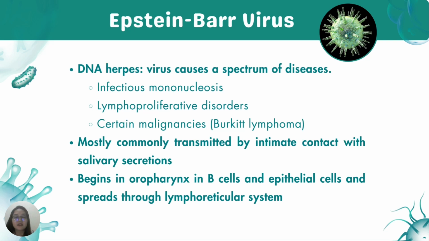In B cells, this is actually their site of latency. So ibig sabihin, ito yung stage from which the virus is undetectable or hiding pa. So, yun yung ibig sabihin kapag sinabi nating latency. And as per Epstein-Barr virus, yun daw ay nangyayari sa kanilang B cells, or sa ating B cells.